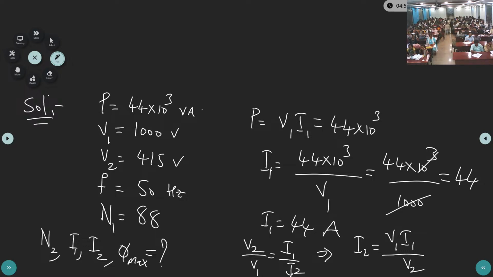I2 is 106.02 amps. So we obtained I1 and I2.